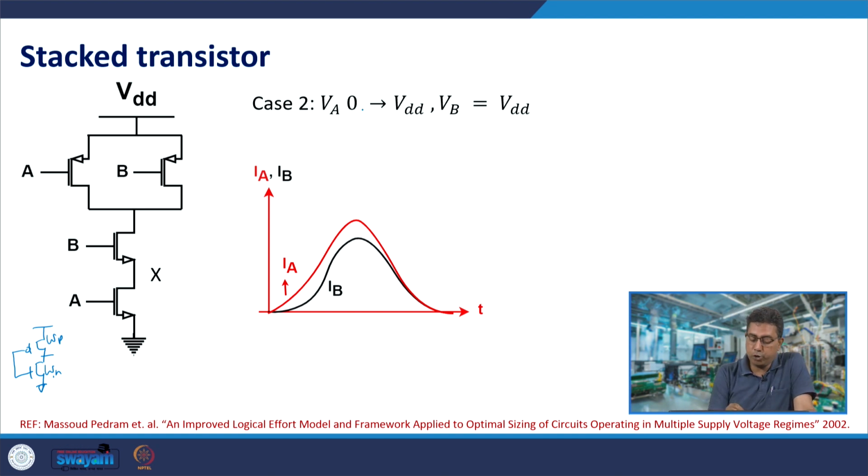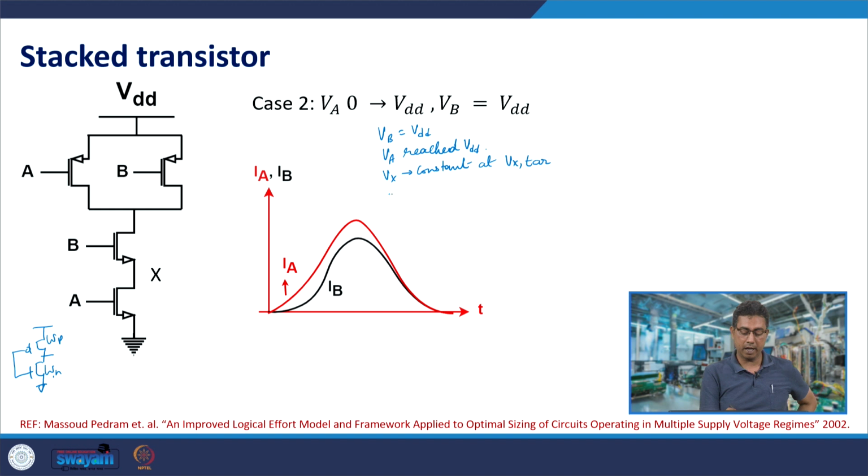What are we assuming? We are assuming that Vb is already at VDD, Va has reached VDD, and Vx is constant during the discharge at Vx star. The currents Ib and Ia are matching.